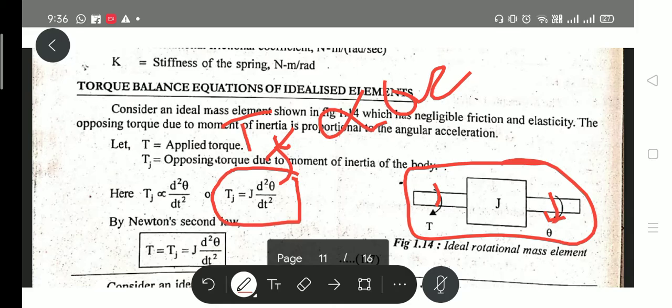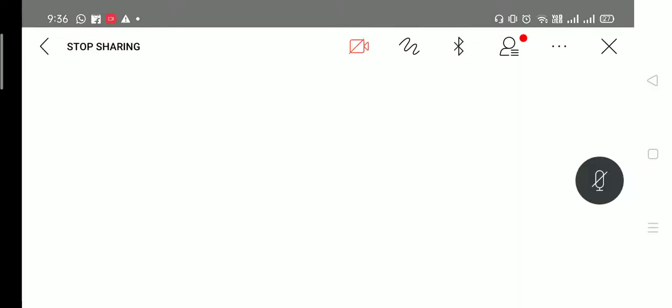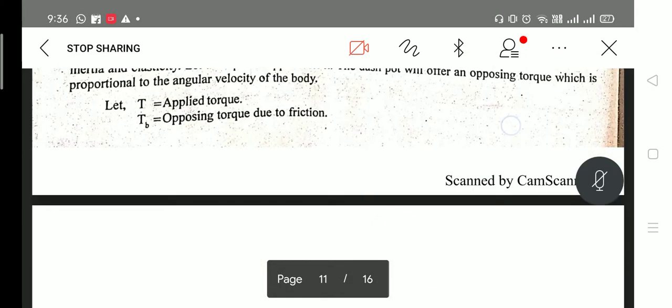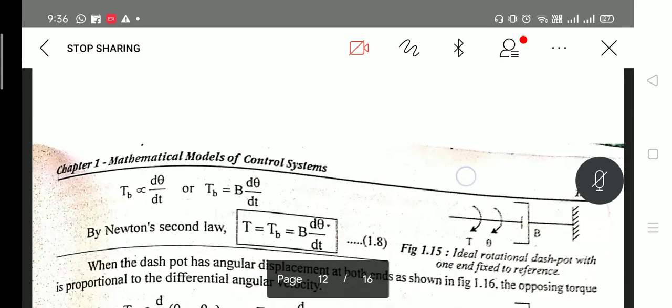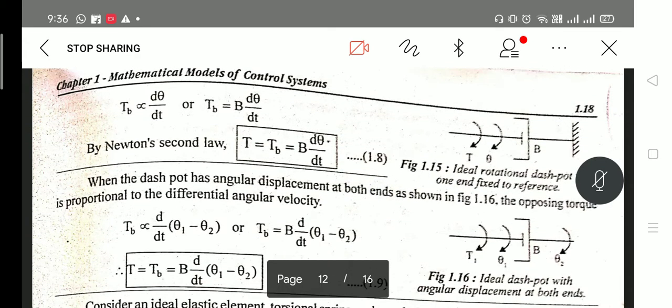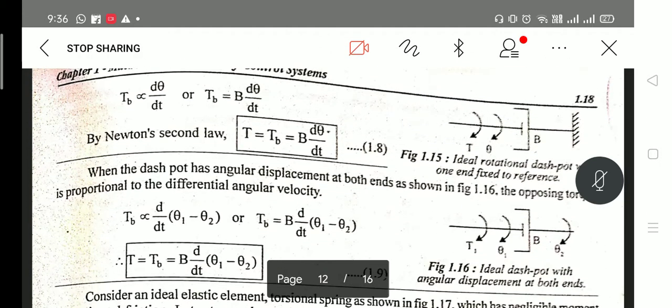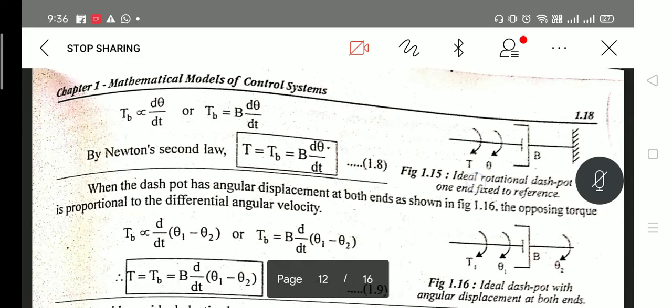Next one is the dashpot. This is the symbol for the dashpot, capital B, with torque and angular displacement. The torque opposed by the dashpot is Tb.